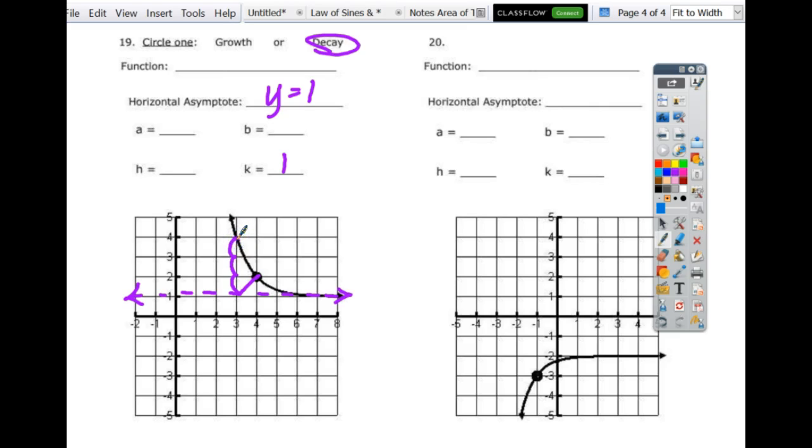So if I get 3, how do I write that as a decay? 1 over 3. Is the A positive or negative? Positive. And the H? It's 4. So when I write this, I get y equals 1/3 x minus 4 plus 1.